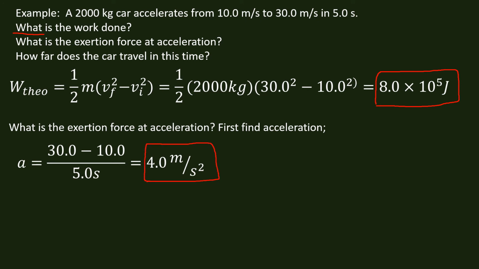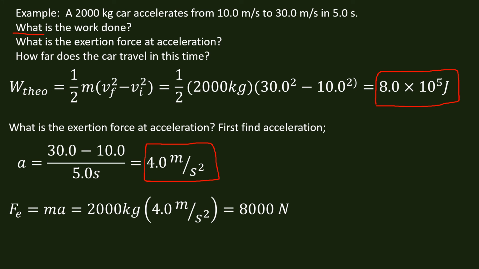And this is a positive acceleration. Then we can solve by using Newton's second law, F equals ma, the exertion force, 2,000 kilograms times the acceleration, and we get the exertion force of 8,000 newtons.